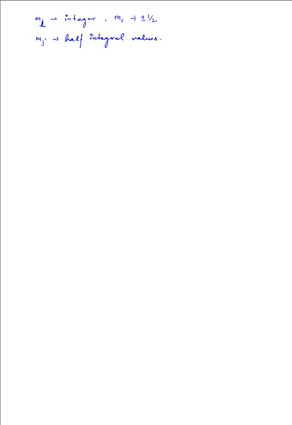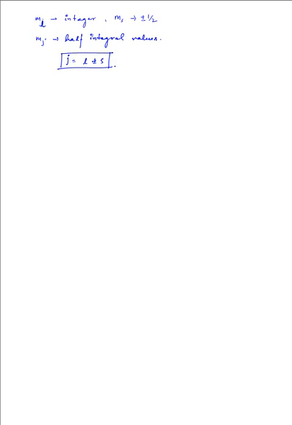That is why the maximum value of mj will depend on whether the spin is positive or negative, and so we have j equal to l plus or minus s.